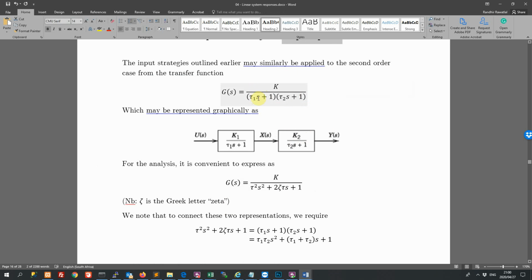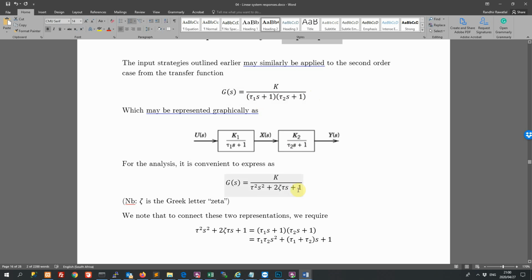So we can see this is a quadratic, so s squared, and then of course you'll have tau 1, tau 2. So tau 1 tau 2 is going to be the coefficient of s squared, and then we'll get a tau 1 s plus a tau 2 s. So it's tau 1 plus tau 2 times s for the second term, and then 1 for the third term.